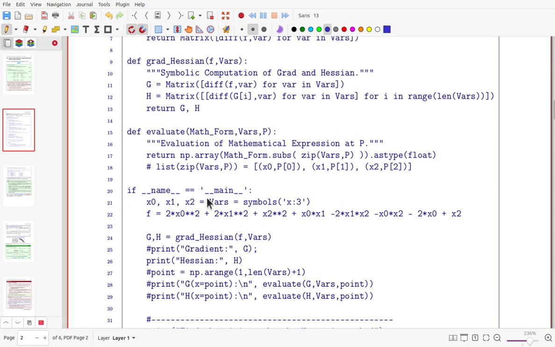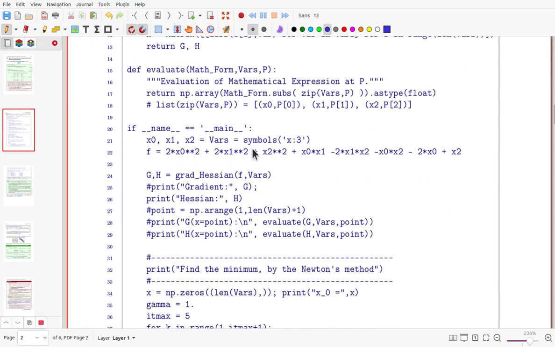Okay, that's the function. Now we begin here with the three-dimensional problem, x0, x1, x2, and this line makes three variables, x0, x1, x2, and vars will include all the variables.